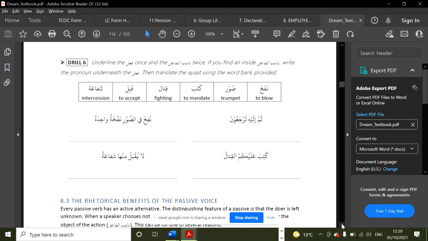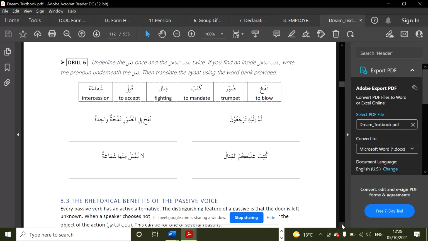Because memorizing the points is not enough. It will not take you anywhere, because you are prone to making mistakes if you just memorize the points, and that will slow down your process as well. So just try to make logic out of it. What is going on is that if we are talking about madi mabni lil majhul, the sound we are looking for before the last letter is i.